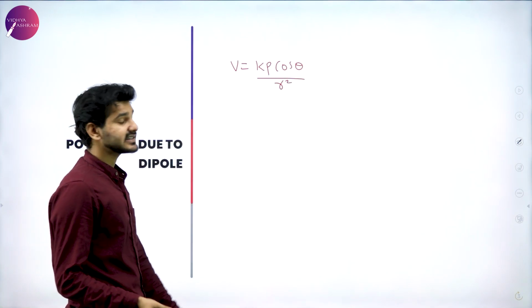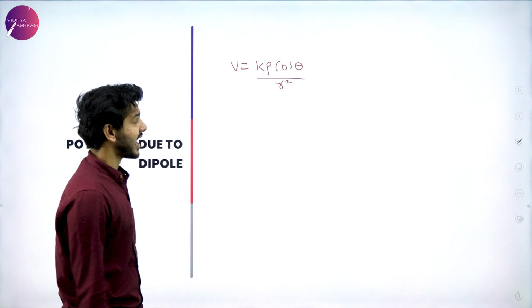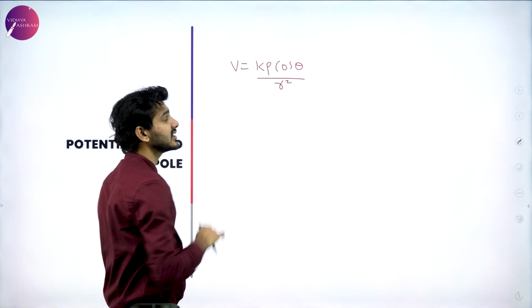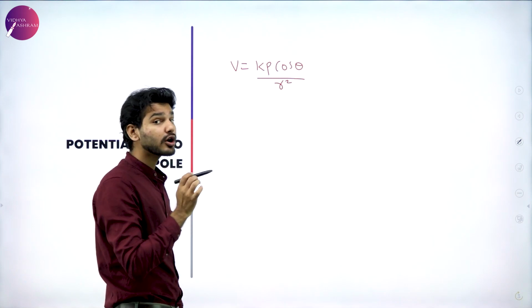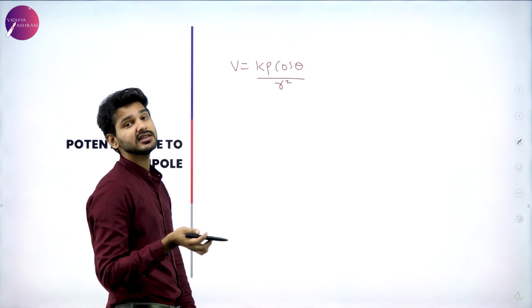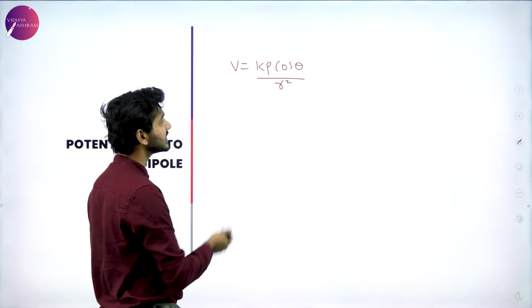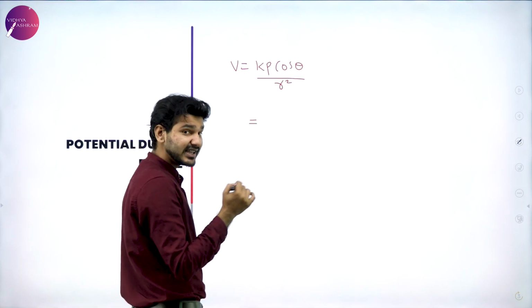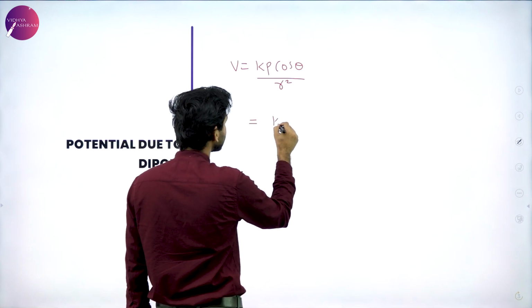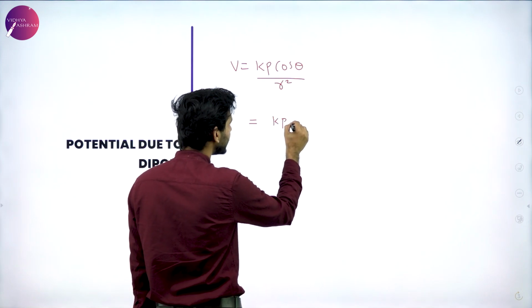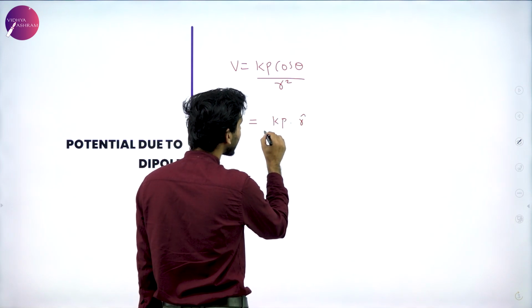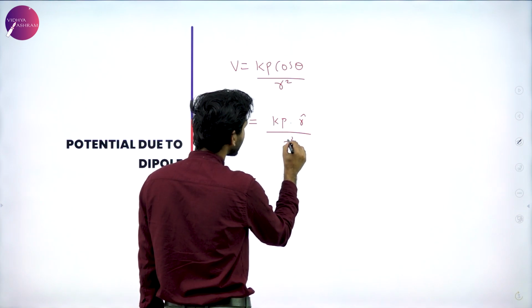Now, since these are vector quantities and there is the angle cos theta between them, we can write this as the dot product, because remember, if it is sine theta, it is cross, and if it is cos theta, it is dot. We can write this as k p dot r cap divided by r square.